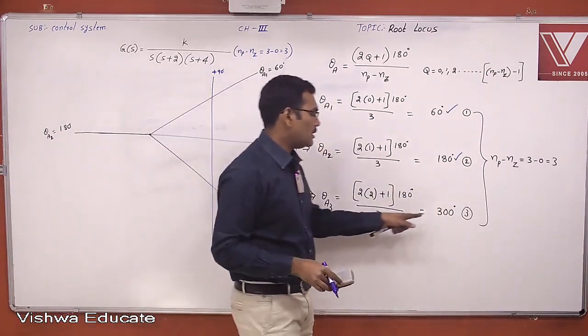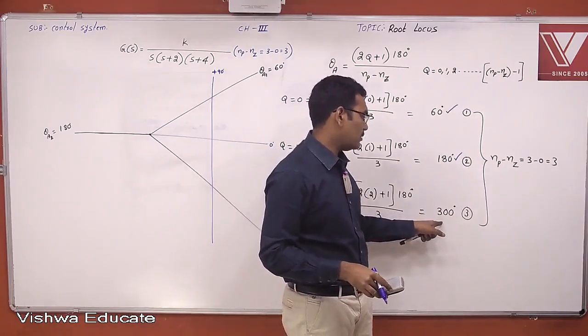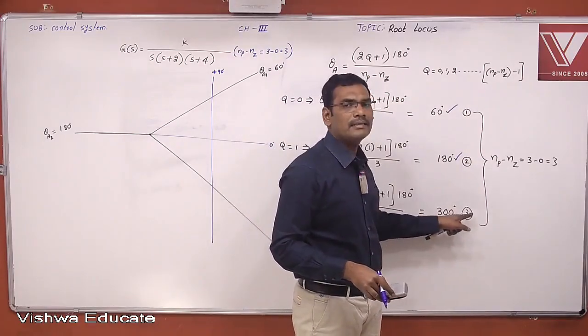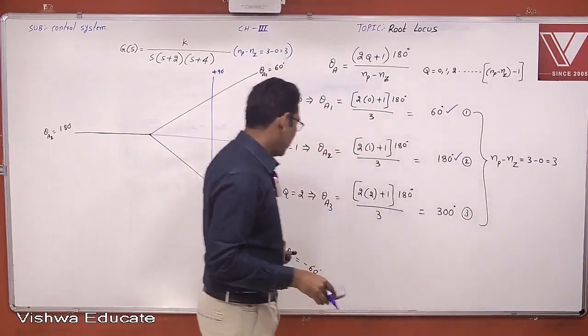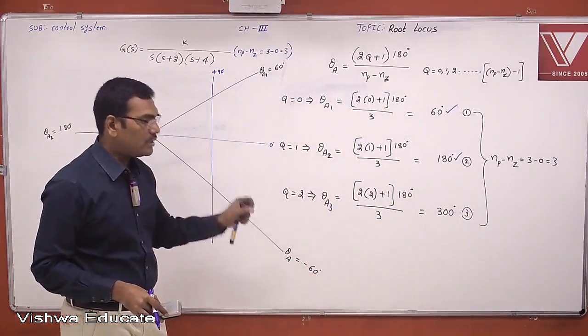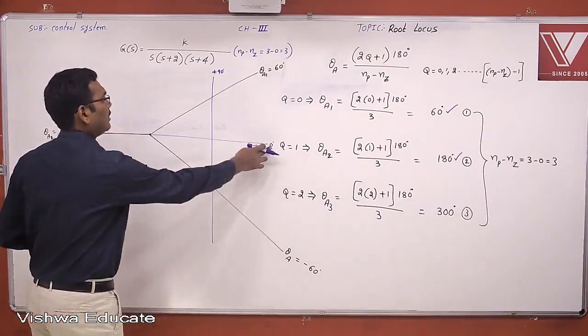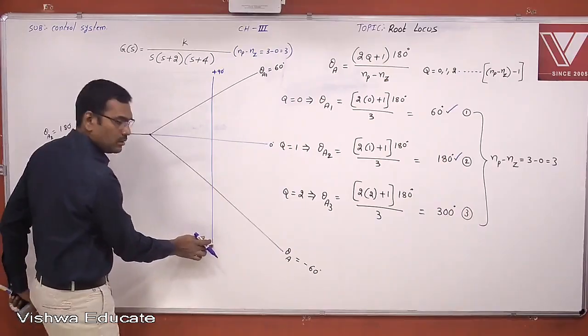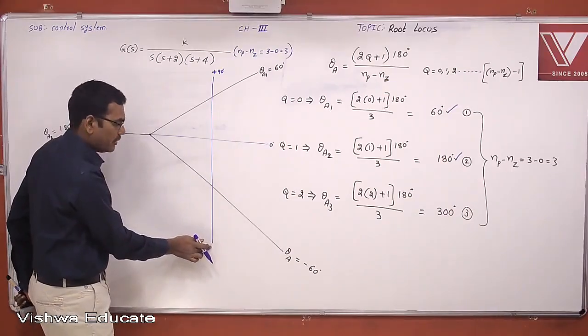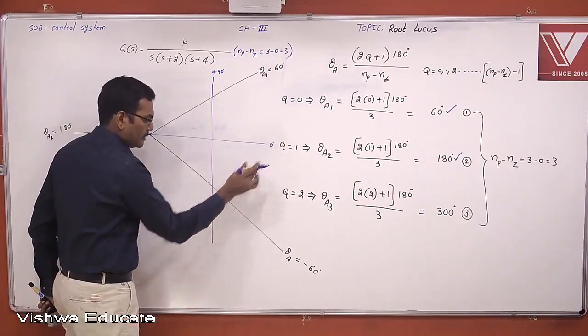Now this is 300. 300 minus 360 degrees is nothing but minus 60 degrees. If you want to see whether that is 300 or not: 0, 90, 180, this is 270, this is 360.